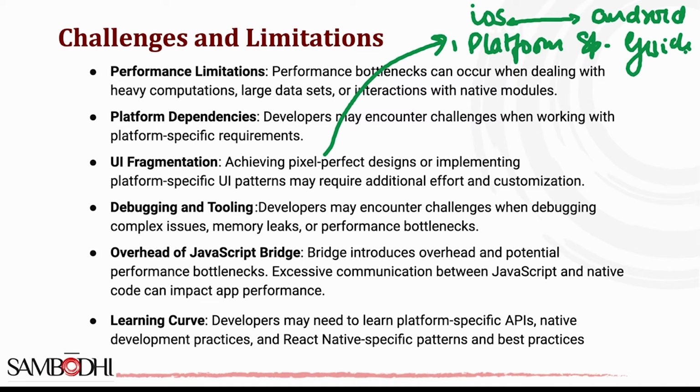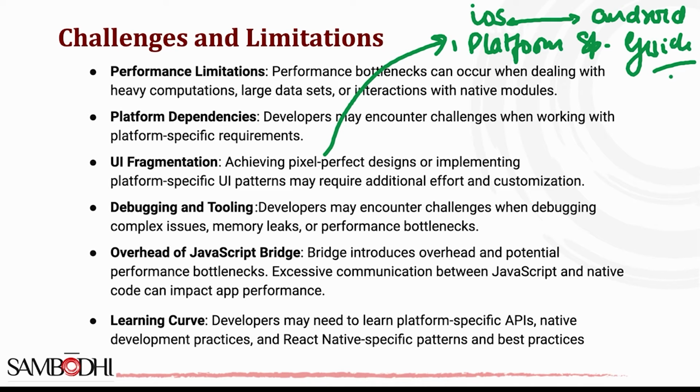This means the iOS and Android have distinct design principles and UI patterns. So React Native developers need to ensure that their apps adhere to these guidelines to provide a native look and feel on each platform, which can result in platform specific UI implementation, which is again a limitation.